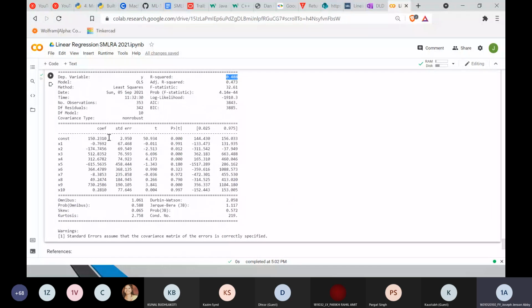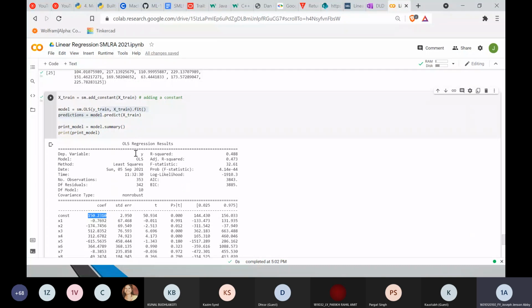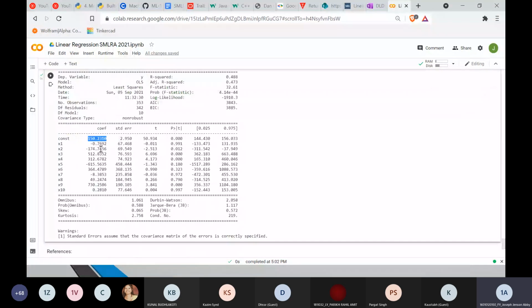That's the code here. One more important thing here. For our model, this will be y equal to m1x1 plus m2x2 plus m3x3, where x1, x2, x3 are variables: age, sex, BMI, and blood serum levels. So these are our x1 to x10 values.